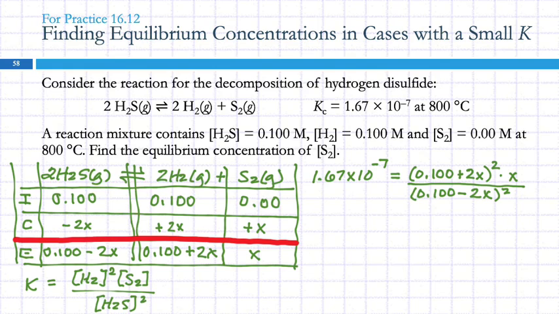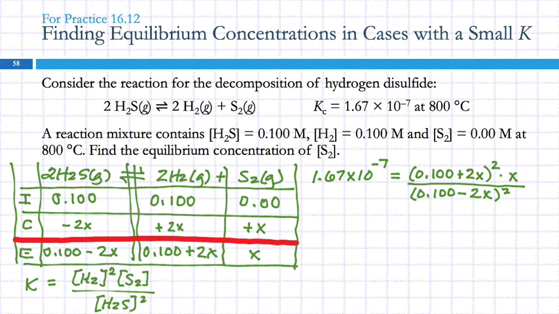We could plug this into a solver, but we can also use the x is small approximation, and it's actually going to be faster than the solver. We have a small equilibrium constant. These numbers are relatively large.